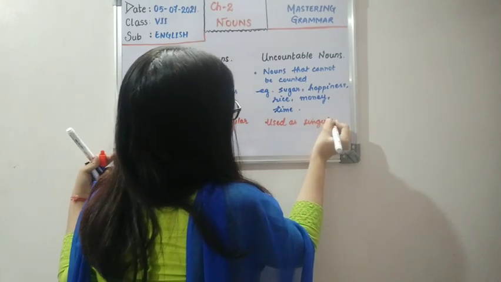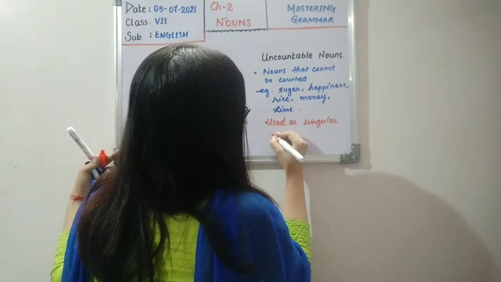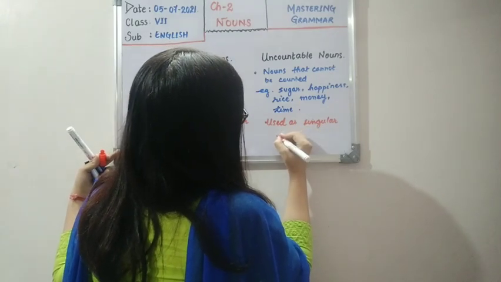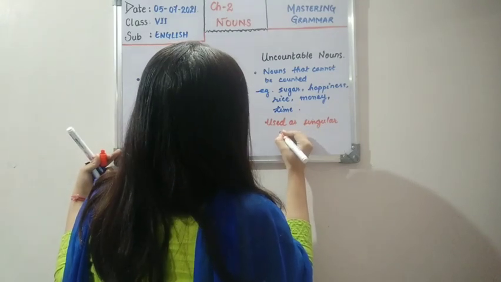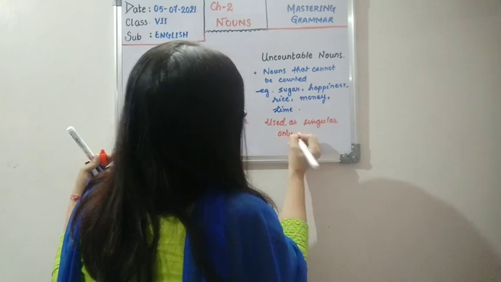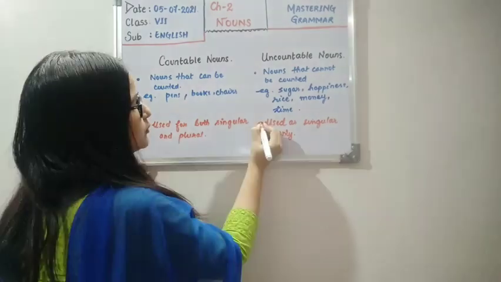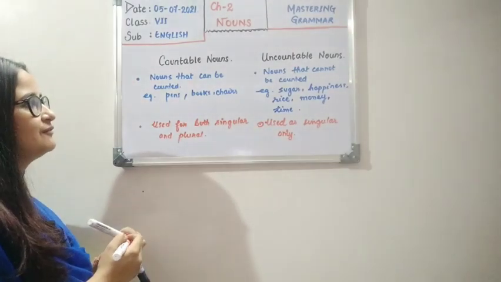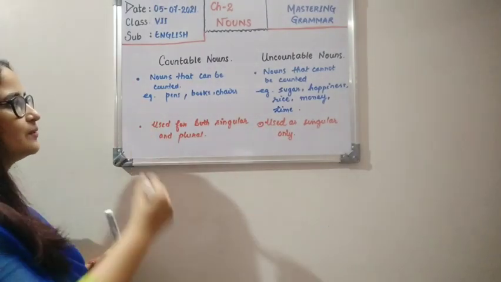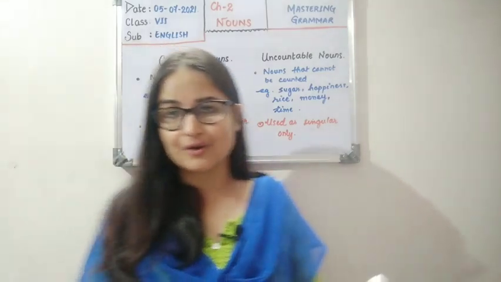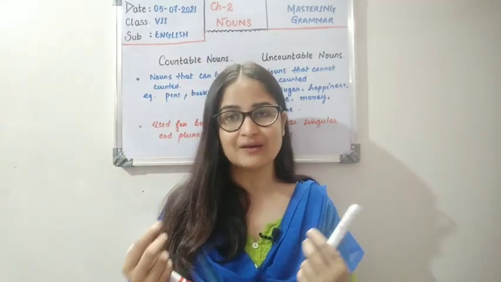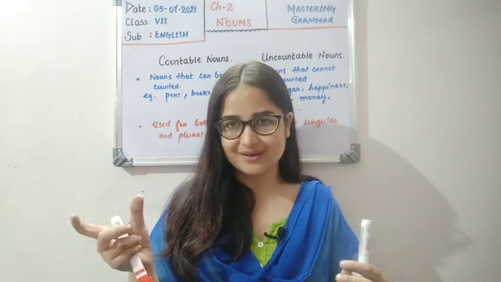You have to consider the uncountable nouns as singular nouns, used as singular only. Okay children, what do I mean by this? For countable nouns, I can say I have a pen, right?